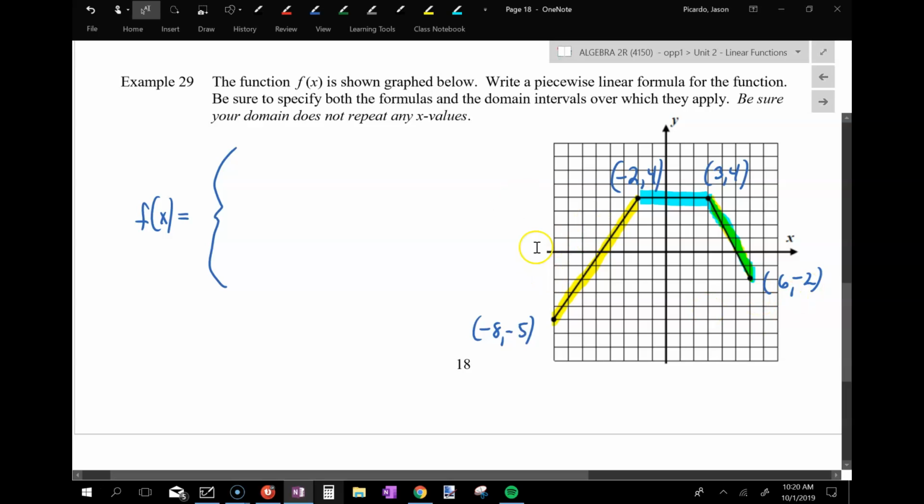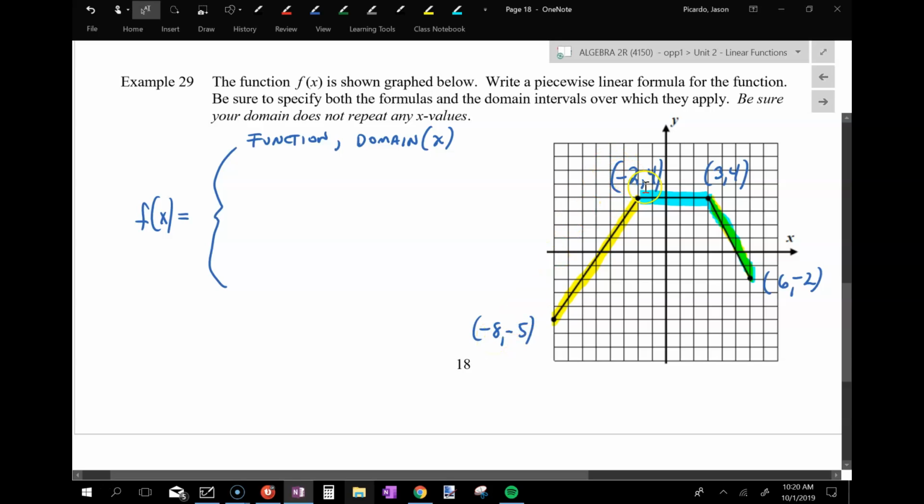Look at the x values, because again, when I write this, guys, I write this as function, comma, domain. So domain refers to which values, x's or y's? Okay, so x's. So if I look at the yellow, where does the x value of the yellow begin? -8. And where does it go?